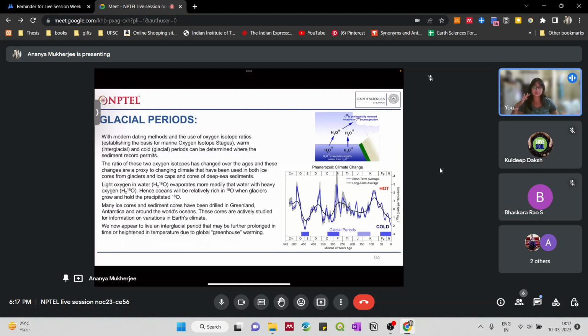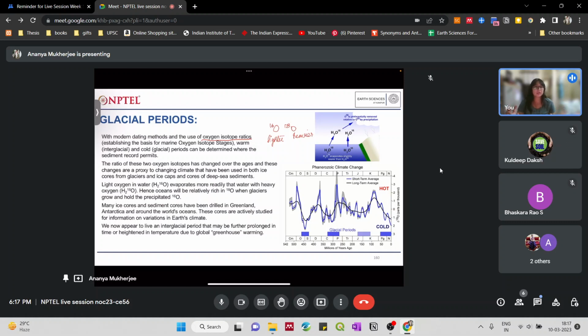One of the ways that we can do that is by using oxygen isotope ratios, of O16 and O18. O16 is the lighter isotope, whereas O18 is the heavier isotope. The ratio of these isotopes changes over time because of the changes in the climatic regimes.